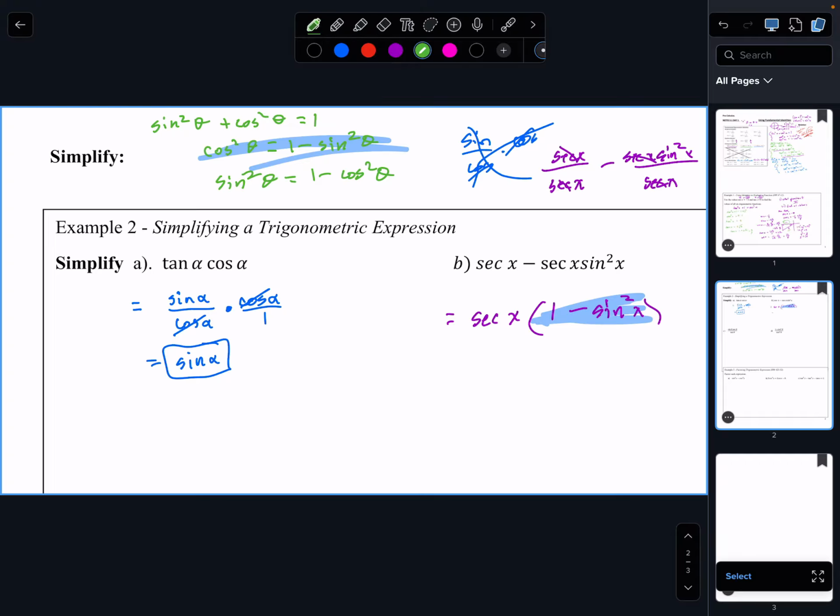So this is going to be cosine squared. This right here is cosine squared.